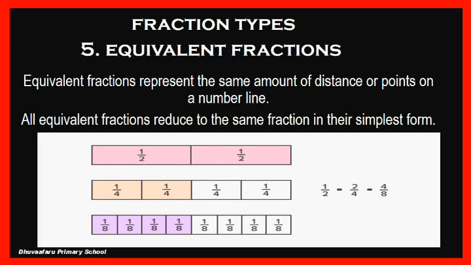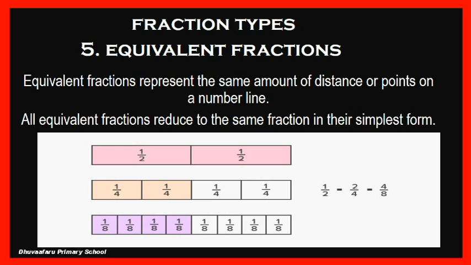Have you heard of equivalent fraction, students? Equivalent fractions represent the same amount of distance or points on a number line. All equivalent fractions reduce to the same fraction in their simplest form.